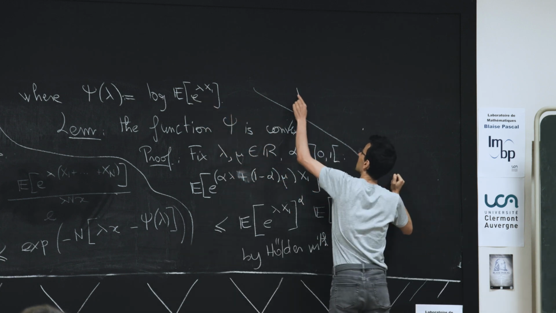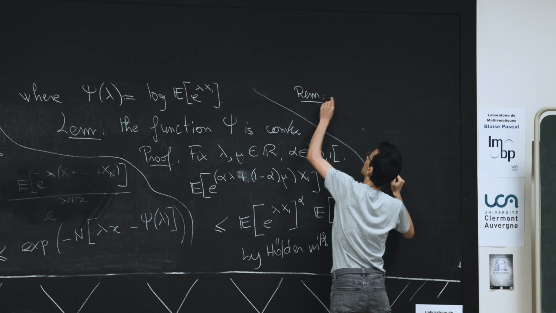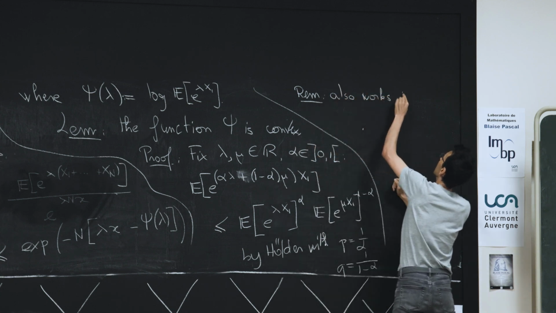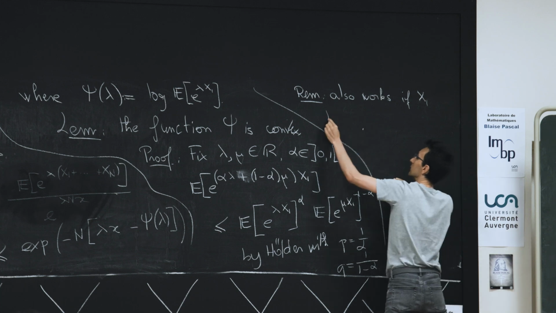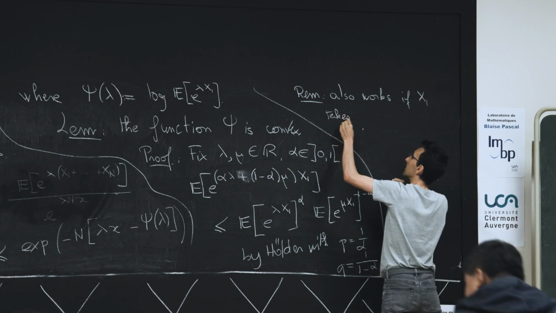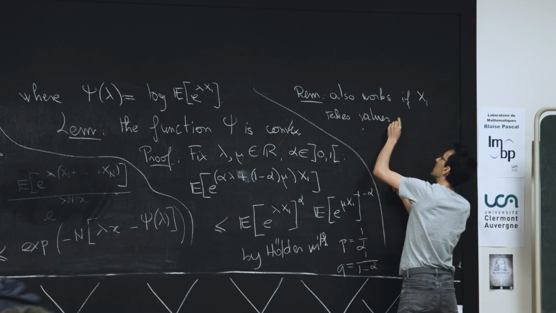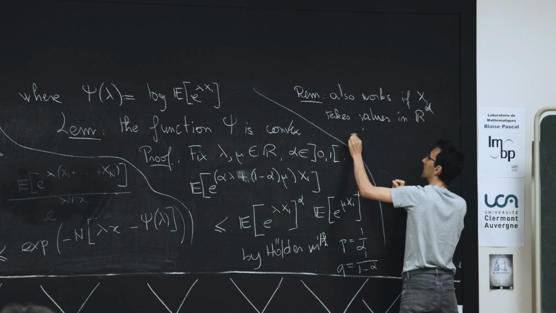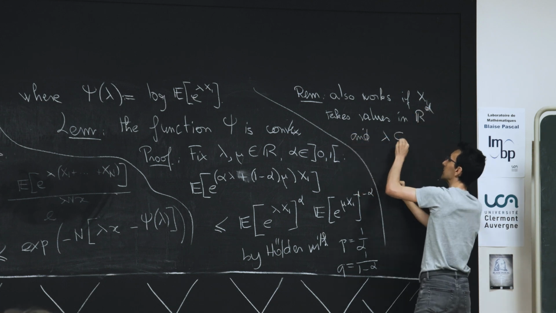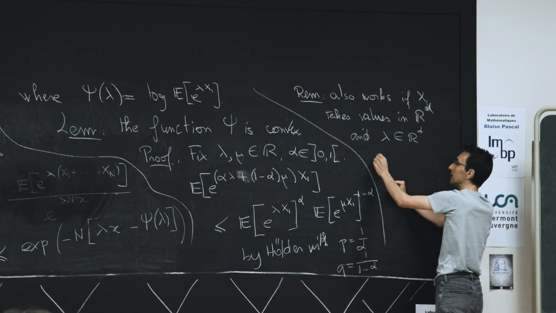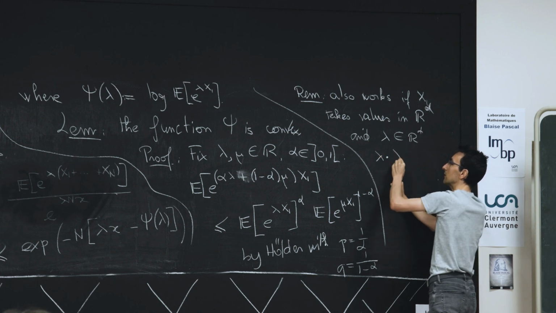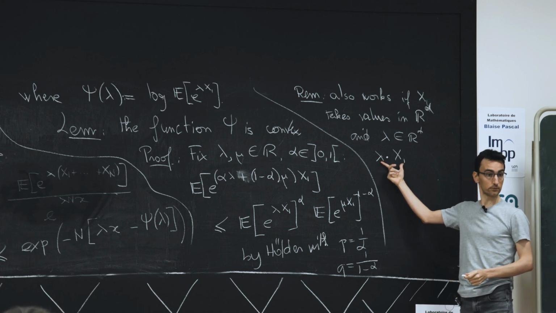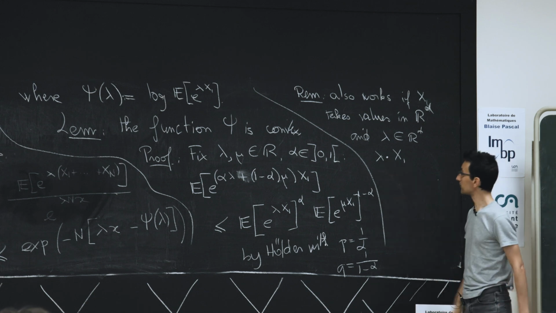So, remark: this also works if x1 takes values in R^d, and lambda also takes values in R^d, and then we write the scalar product in the exponential, where there was the multiplication.